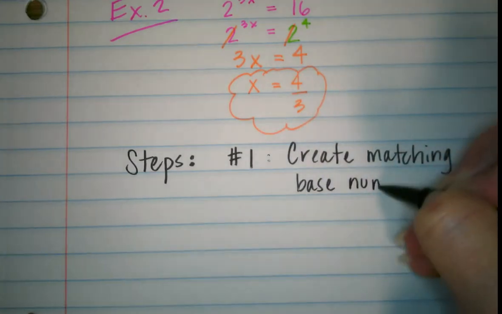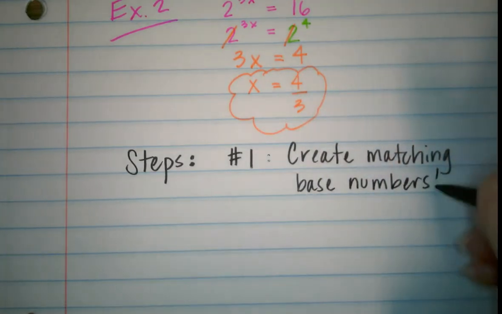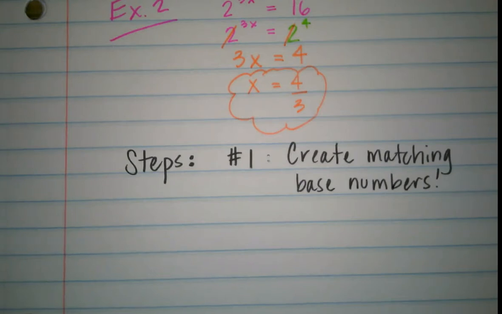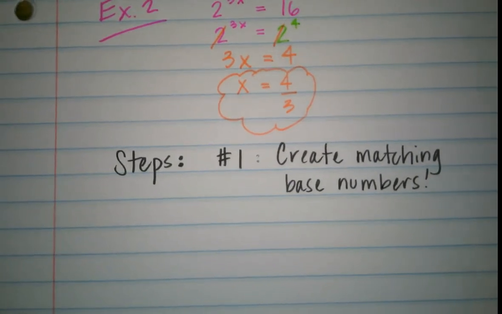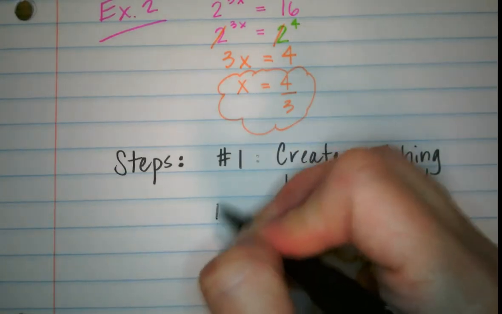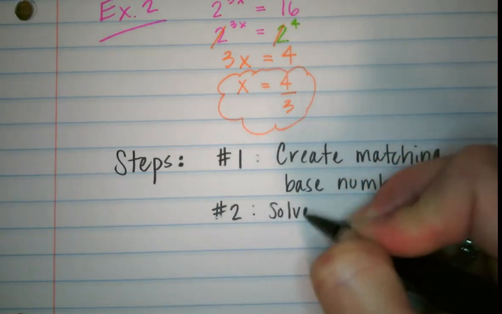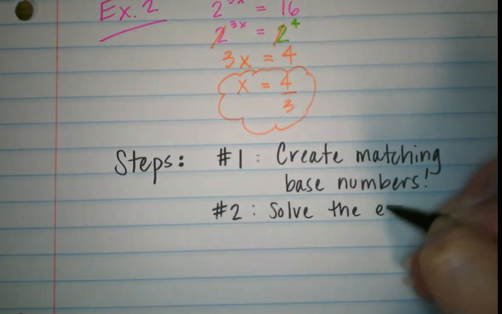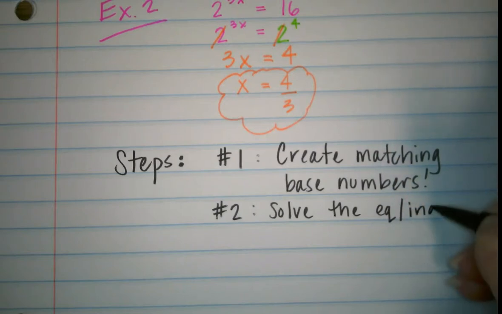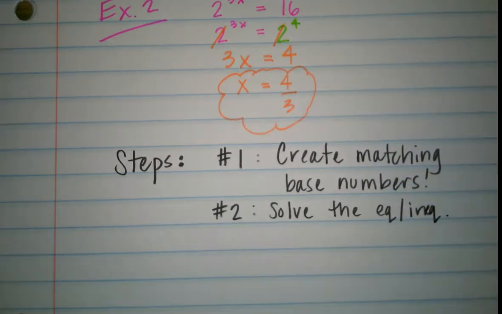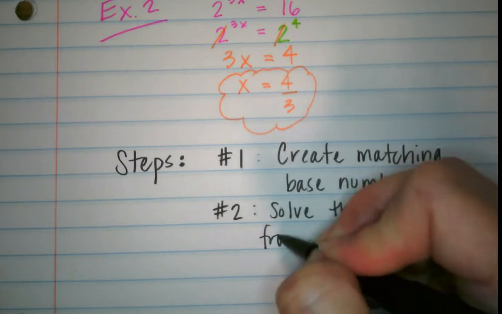So remember that you want to look at the larger base and figure out how you can write it to be the smaller base. So we don't typically change the smaller one, except of course we will. So step 2 is solve the equation or inequality. It can be an inequality also from the exponents.